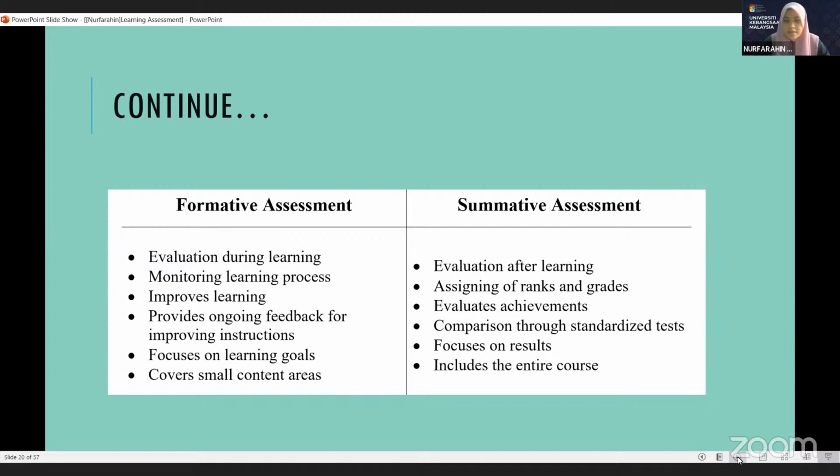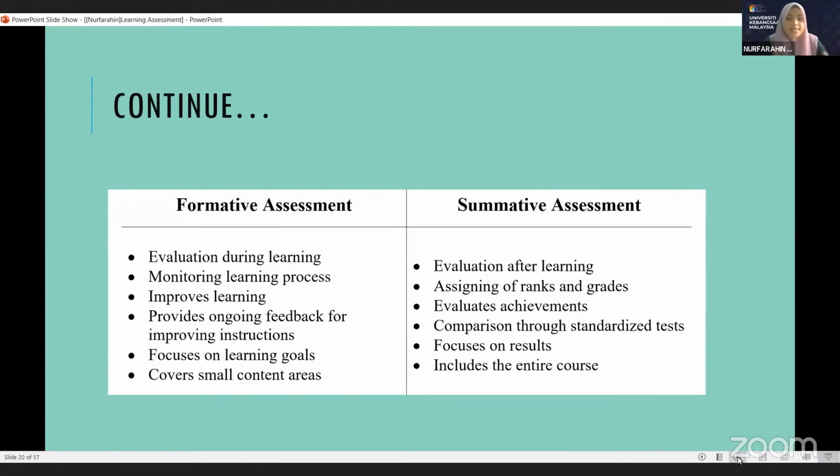It improves learning through constructive ongoing feedback, it focuses on learning goals, and it covers smaller content areas. But when it comes to summative assessment, it is done after learning. It has ranks, it has grades, it has symbols. It evaluates achievement, and it is a comparison through standardized tests. It focuses on results, not goals.